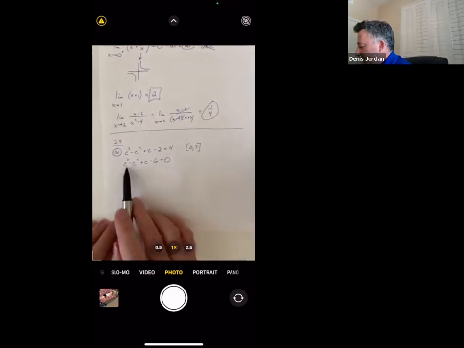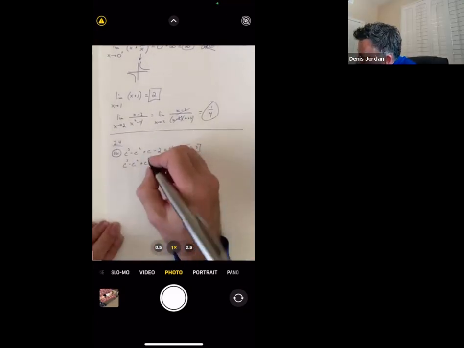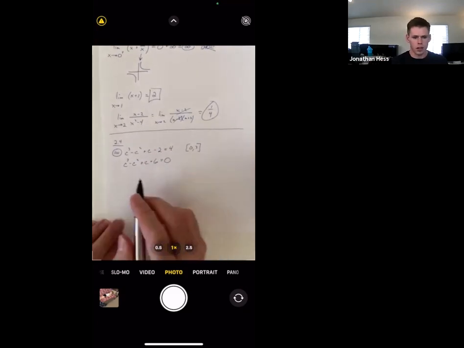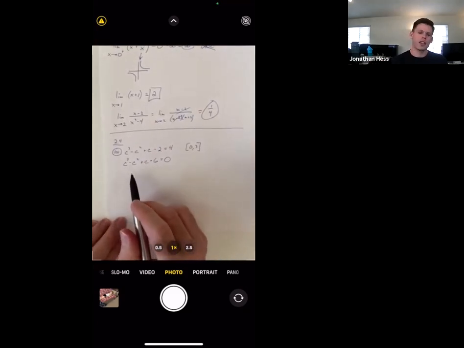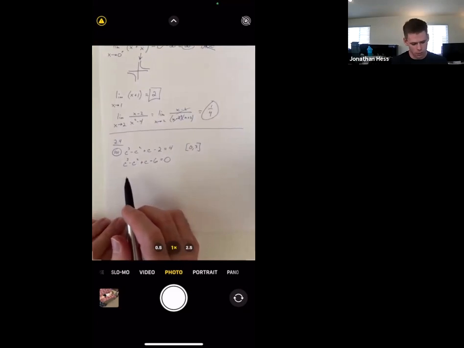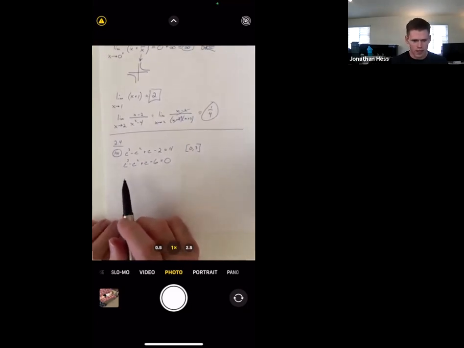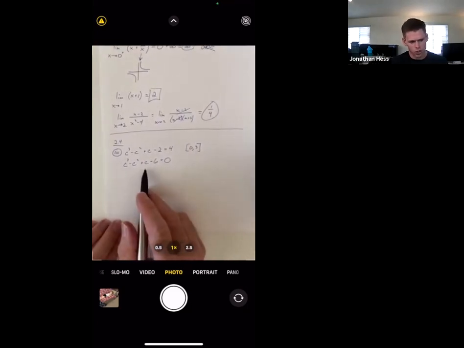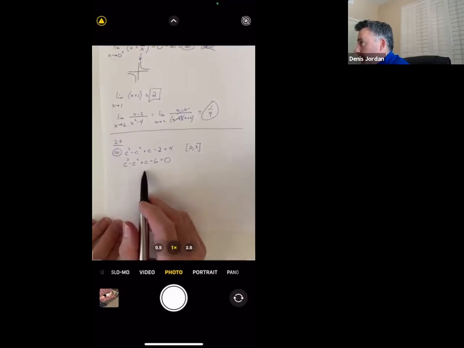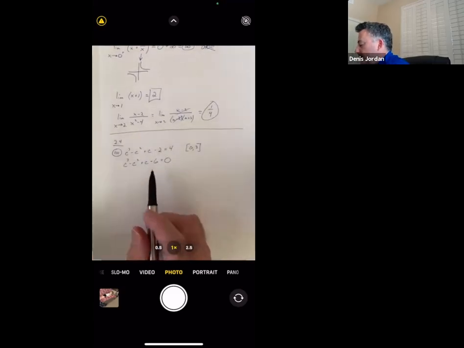So the question was, how do I solve that? I used the rational zero theorem and then did synthetic division. Is that a good approach? Yes, because that's the only approach.